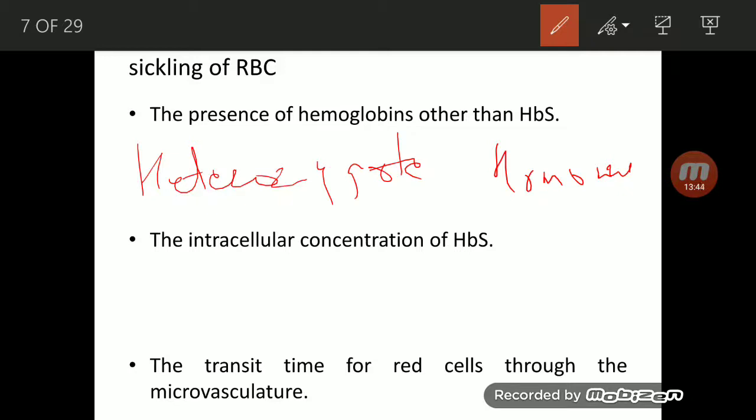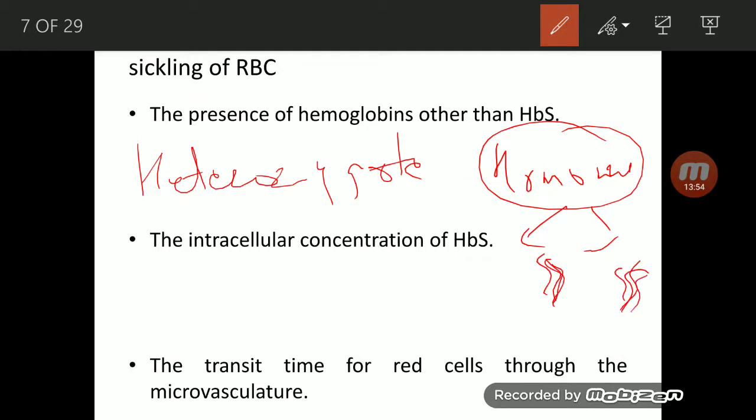Heterozygote means there is only one defective allele. In case of homozygote, both your genes will be defective. In hetero, one set of gene will be normal, the other set will be a non-normal gene. But in case of homozygote, both your alleles will be defective.